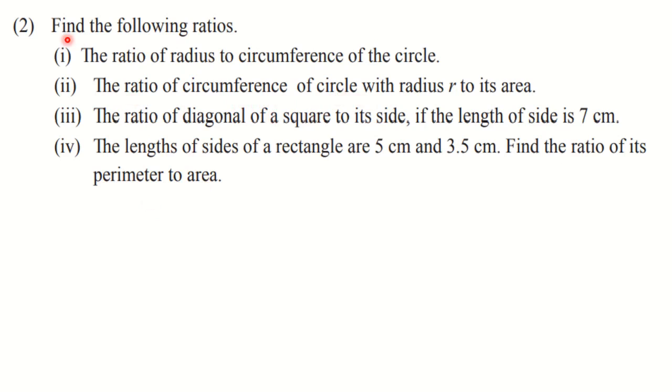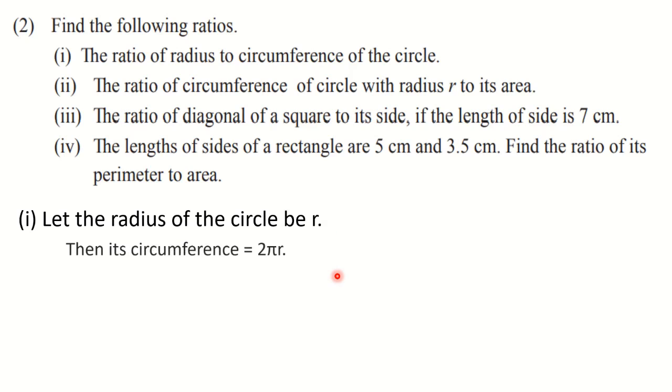Okay. So let us start with the first one, the ratio of radius to circumference of a circle. So let us take the radius as r. Let the radius of the circle be r. If the radius is r, then what is the circumference? You know the formula. Circumference of a circle is 2 pi r. So you can write down that the circumference is equal to 2 pi r.